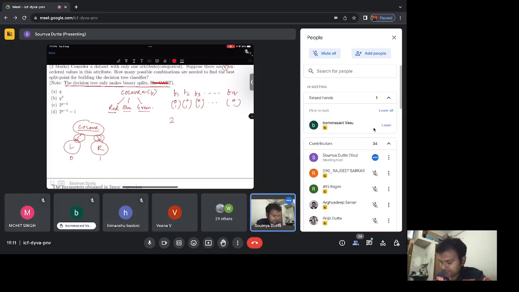Correct, exactly. I am just denoting the groups by left group and right group, and the left I am denoting by 0, and the right by 1. That is for ease of representation, nothing else. So this is basically LR, LR, LR and so on.